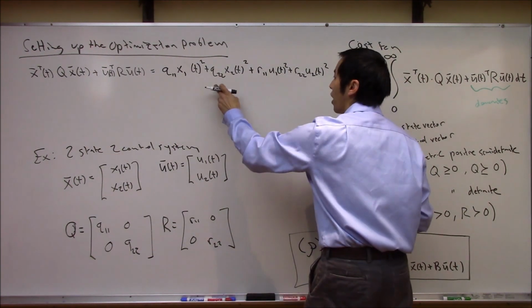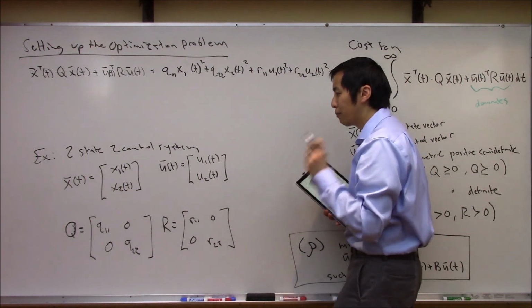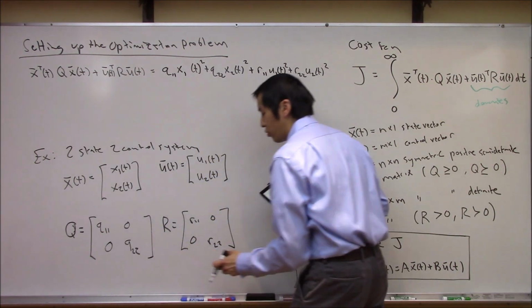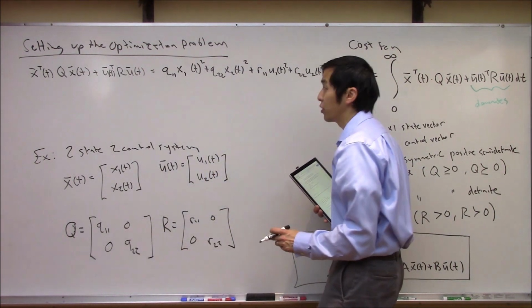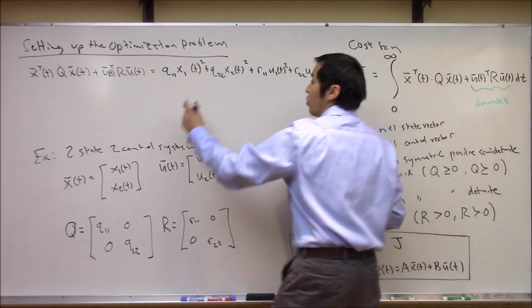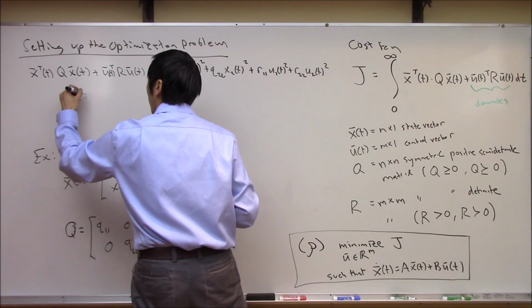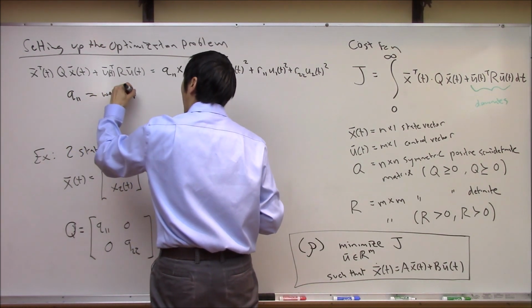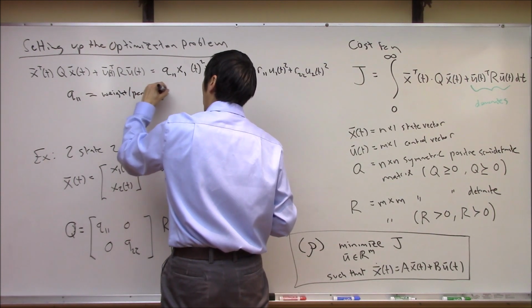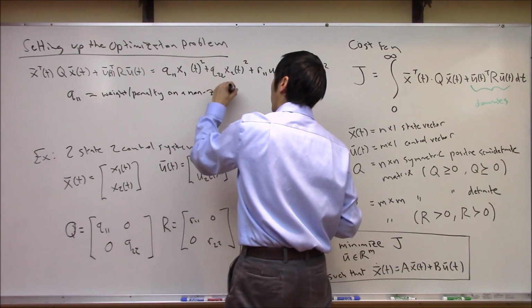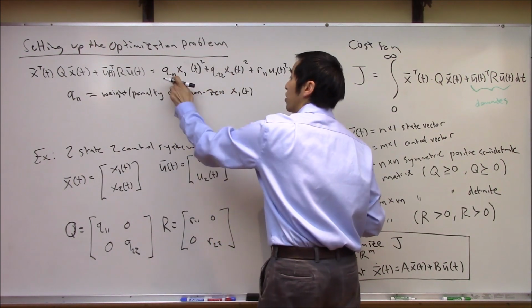So here, I think you can very clearly, explicitly see what these Q11, Q22, R11, and R22 entries physically mean. If you look at this, we see that Q11 is the weight, or the penalty, on a non-zero x1, because it shows up right here.